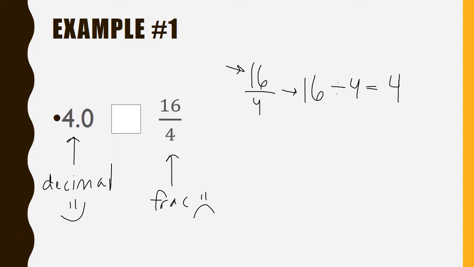So we can forget this 16 over 4 because it had the same value as the whole number 4. Now we just have to decide, is 4.0 or 4 larger? Turns out for this problem, 4.0 and 4 have the same value, so we're going to use an equal sign here.